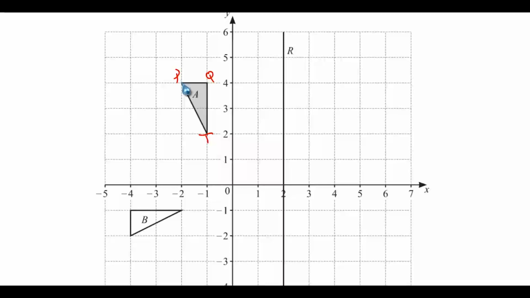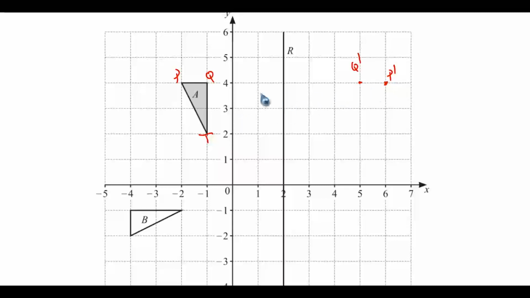Let's start with point P. 1, 2, 3, 4. Then you're going to have 1, 2, 3, 4. This will be the image of point P, and that will be P prime. Then point Q will be 1, 2, 3. Then 1, 2, 3. It should be here, and that will be Q prime.